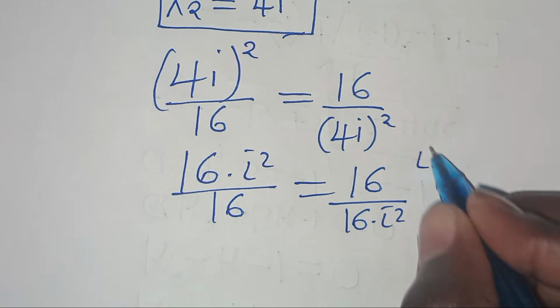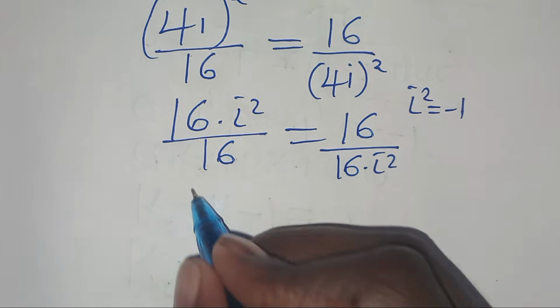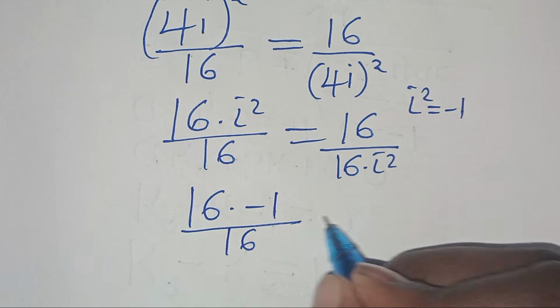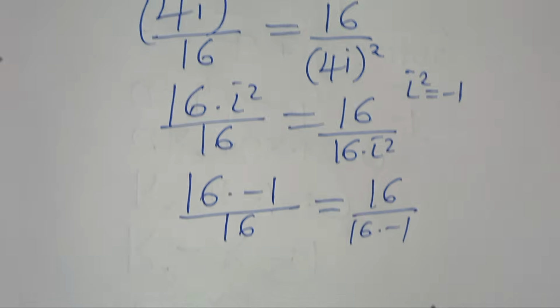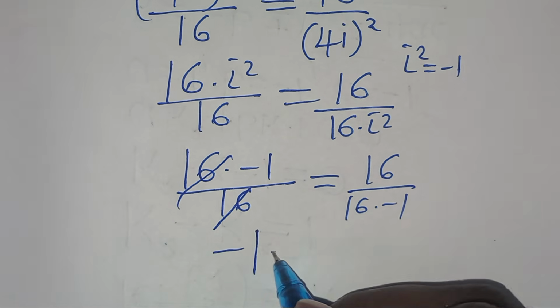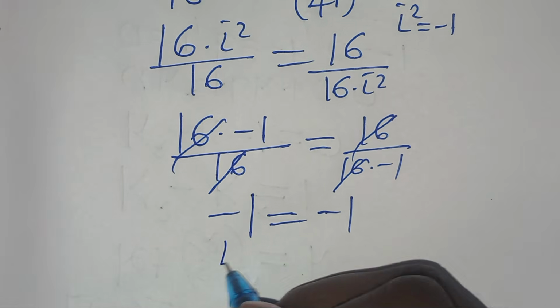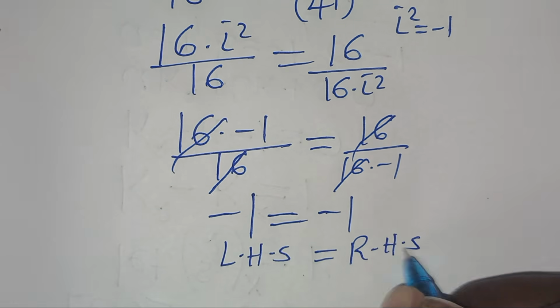We have that i squared is equal to -1, and this implies we have 16 times -1 divided by 16, equal to 16 over 16 times -1. If we simplify, on the left hand side we have -1, equal to -1. So the left hand side is equal to the right hand side.